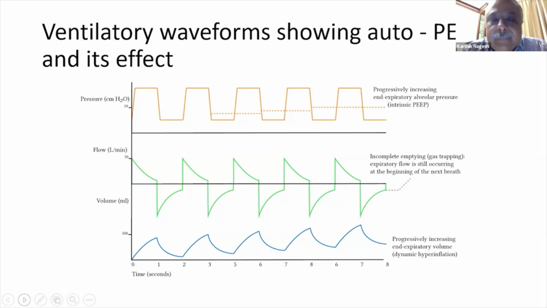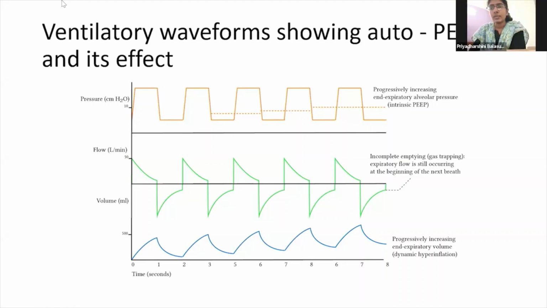And anything else? So what happens, Priyadarshini, if you increase the I time too much, or on the opposite side, if you have a very low I time, what can happen? I think you mentioned that low I time can cause hypoxia. And if you increase the I time too much, what can happen?